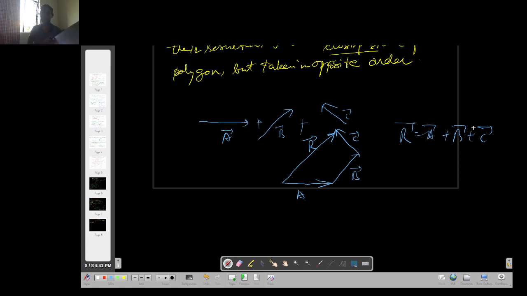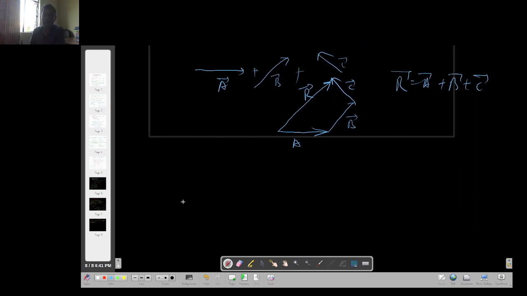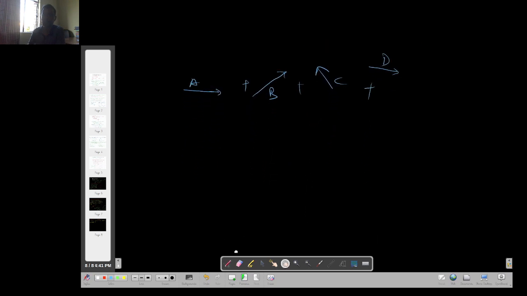Let us take one more diagram to understand it. Say this is A vector, this is B vector, this is C vector, and say there is a D vector. So it is A, B, C and D, and let me draw a polygon using these vectors. Let me take these a little bit differently. This is the C vector, and this is the D vector.